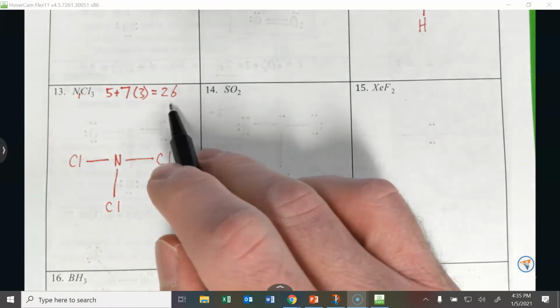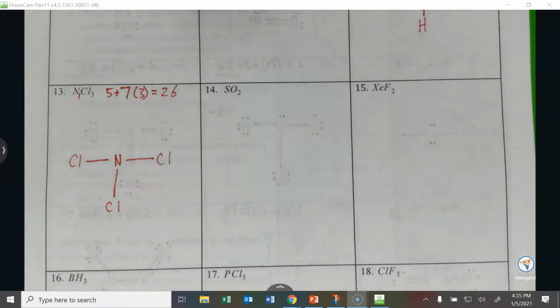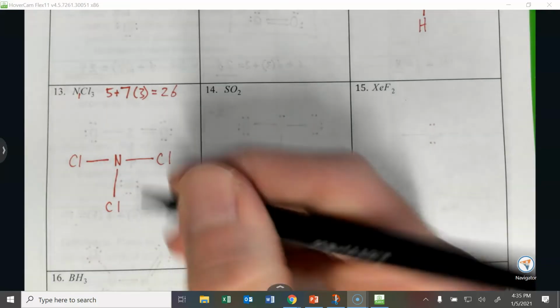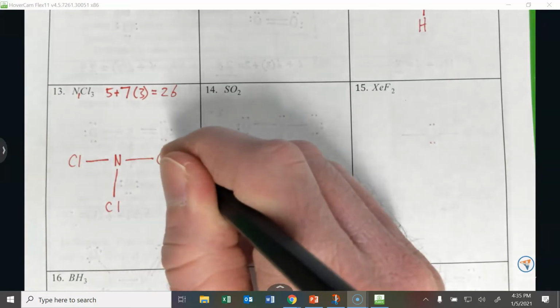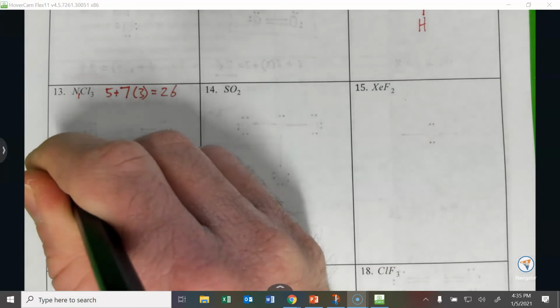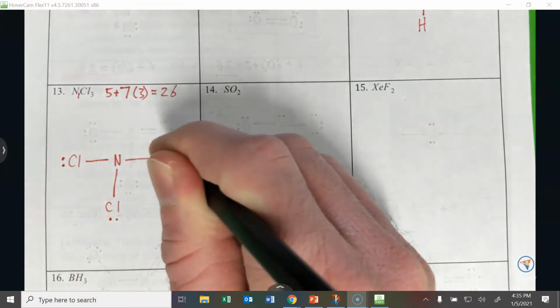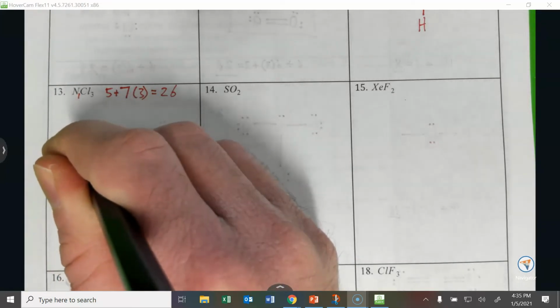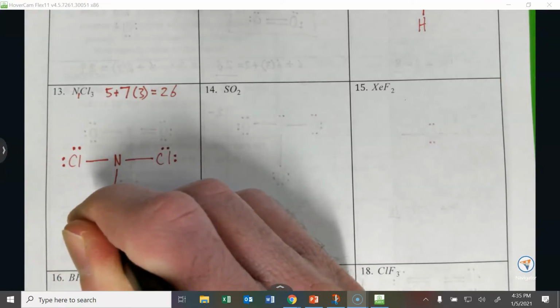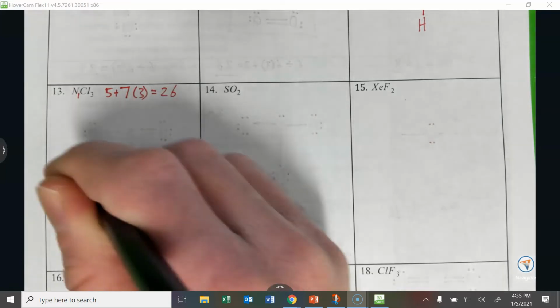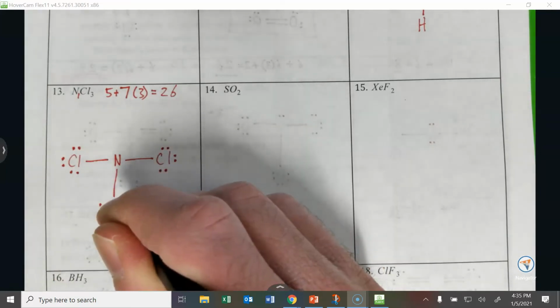We're going to keep going until we get to 26, trying to make everyone happy. 2, 4, 6, 8, 10, 12, 14, 16, 18, 20, 22, 24.